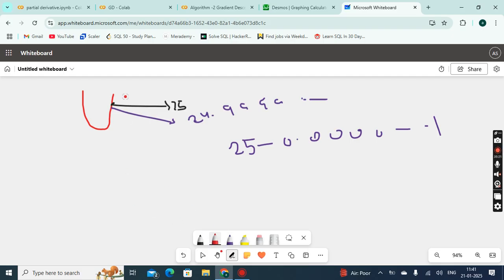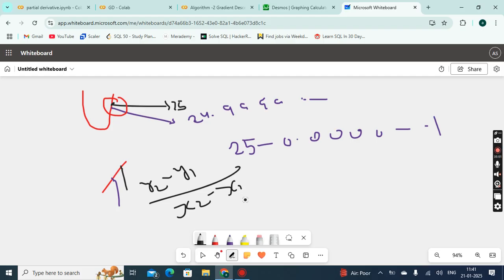If I zoom in on this part, it will look like this. This is the area of the slope, and here you have taken one point and another point here. Now you use your same slope method, y2 minus y1 by x2 minus x1, and you get a value, right?